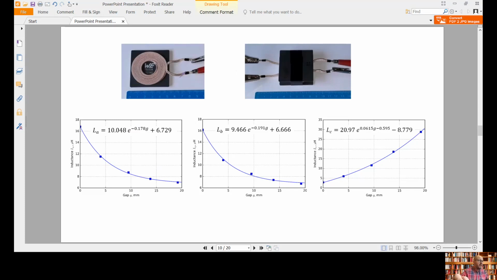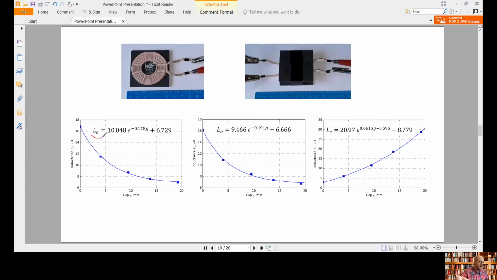We have characterized this IPT system as a function of the gap between the two elements. Then we obtain the values of the three inductances corresponding to the pi circuit.